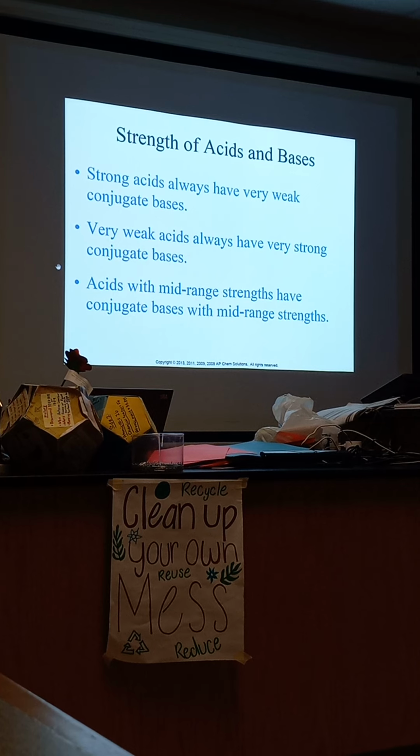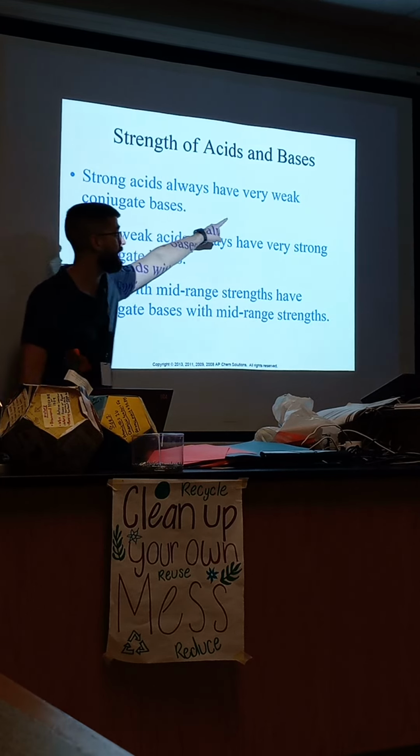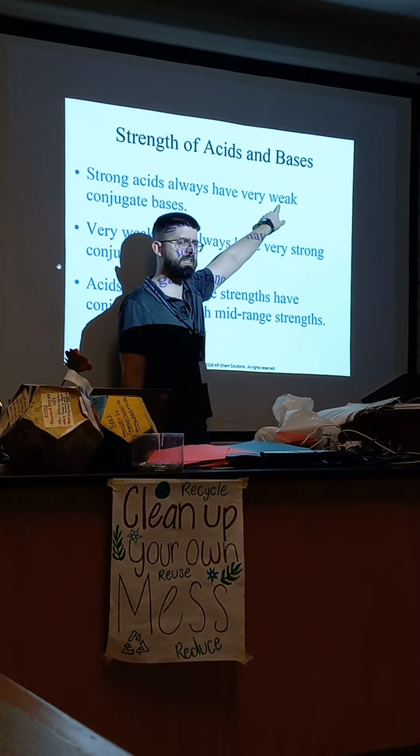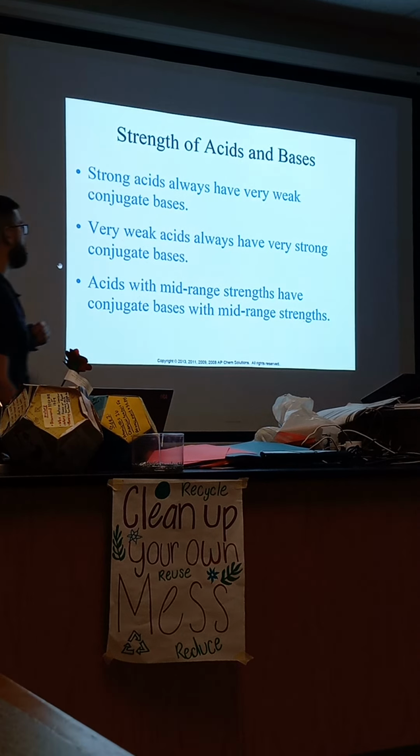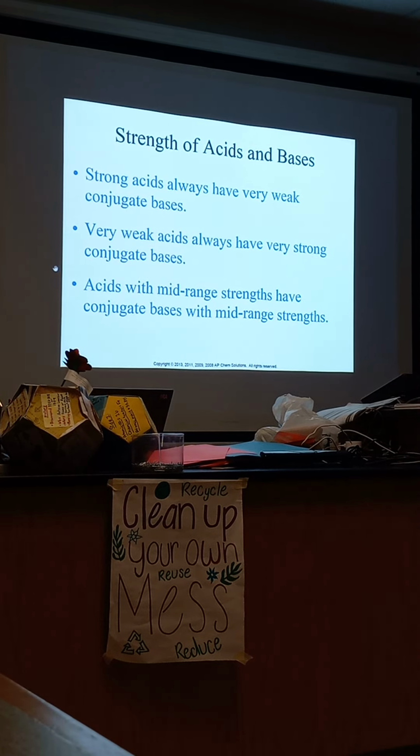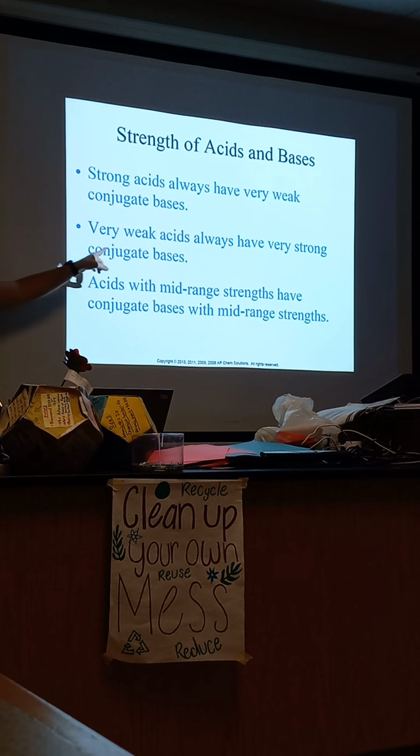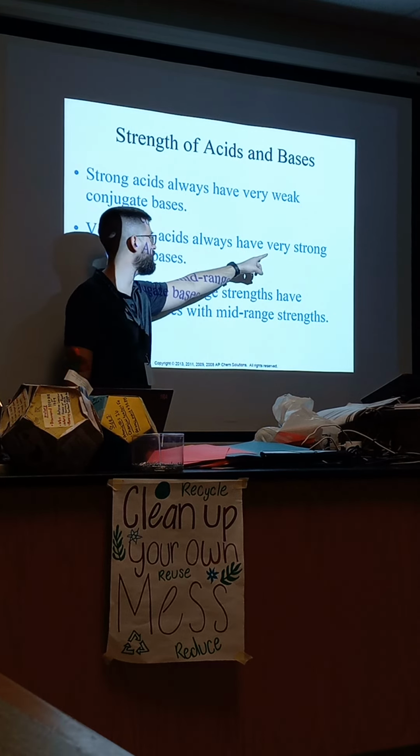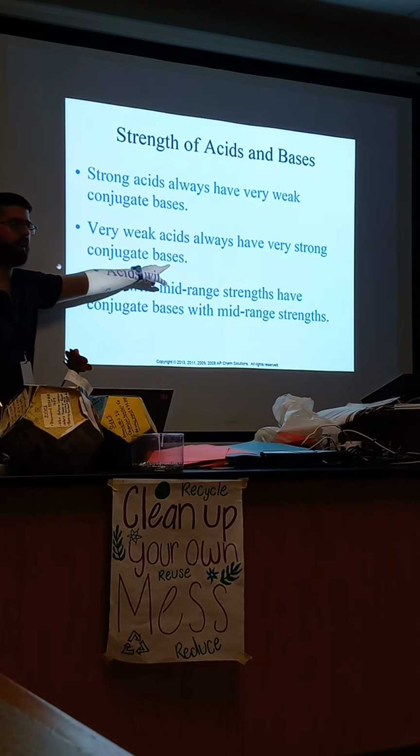And actually, guys, I should note to avoid some confusion, your homework does this a lot, where it'll say, "That one's strong because on the other side, its conjugate is very weak." You're going to see that a lot in the homework. Very weak acids always have very strong conjugate bases.